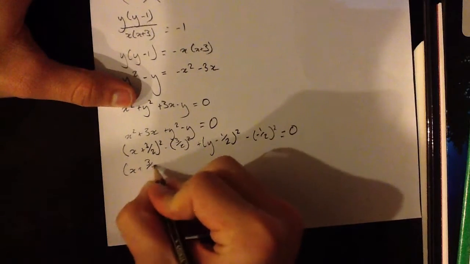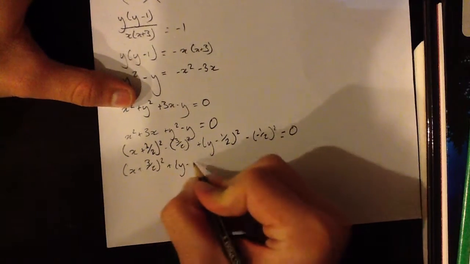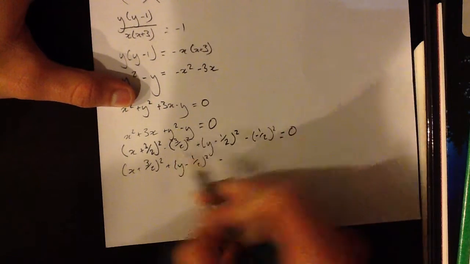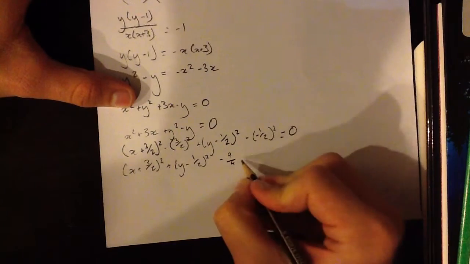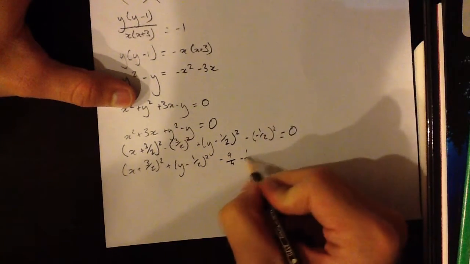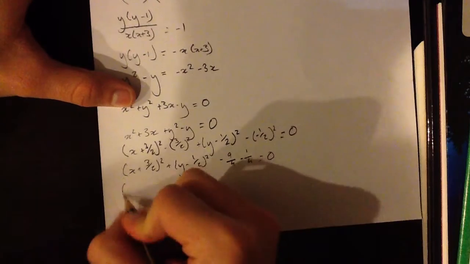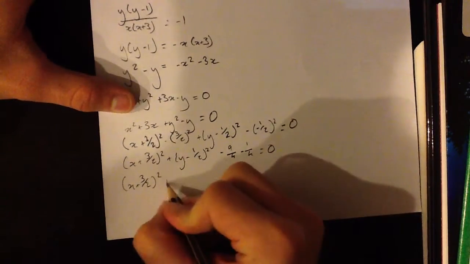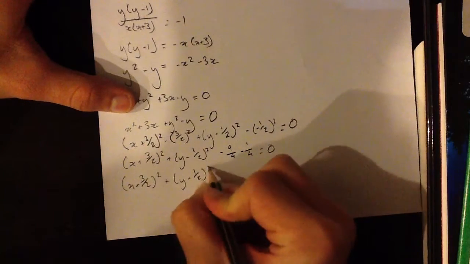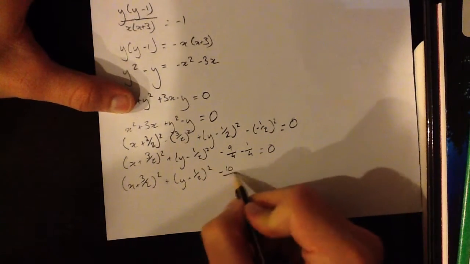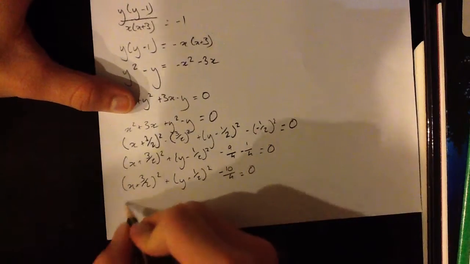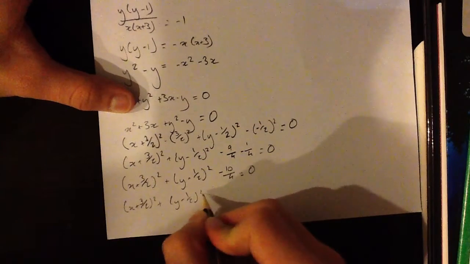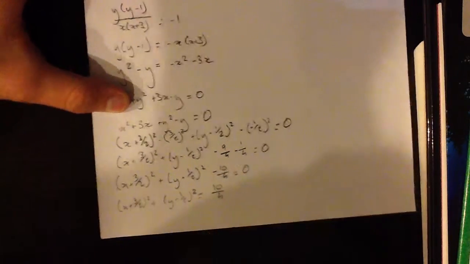x plus 3 over 2 squared plus y minus half squared, minus 9 over 4, minus 1 over 4 equals 0. x plus 3 over 2 squared plus y minus half squared minus 10 over 4 equals 0. x plus 3 over 2 squared plus y minus half squared equals 10 over 4.